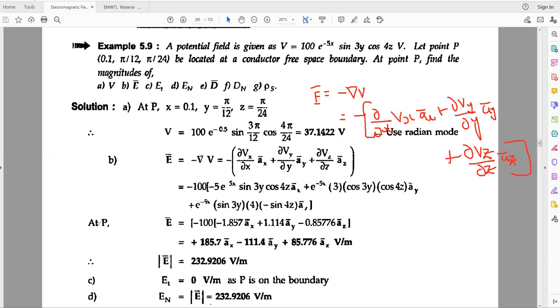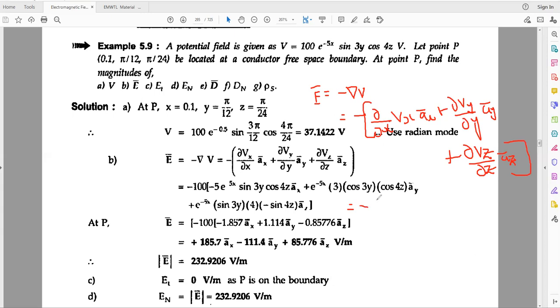So take the total function and apply the derivative with respect to x. Sine 3y cos 4z is a constant, so we apply the derivative only to e power minus 5x.